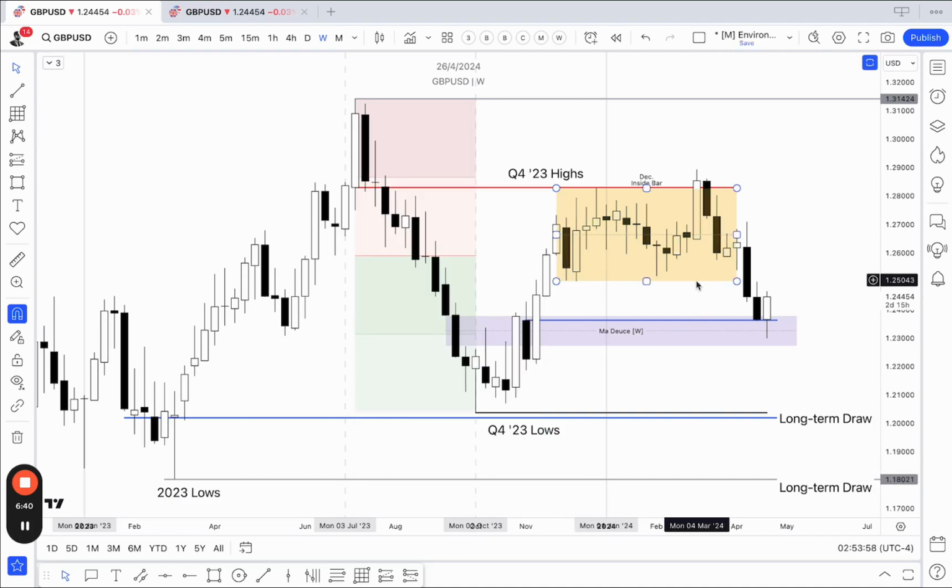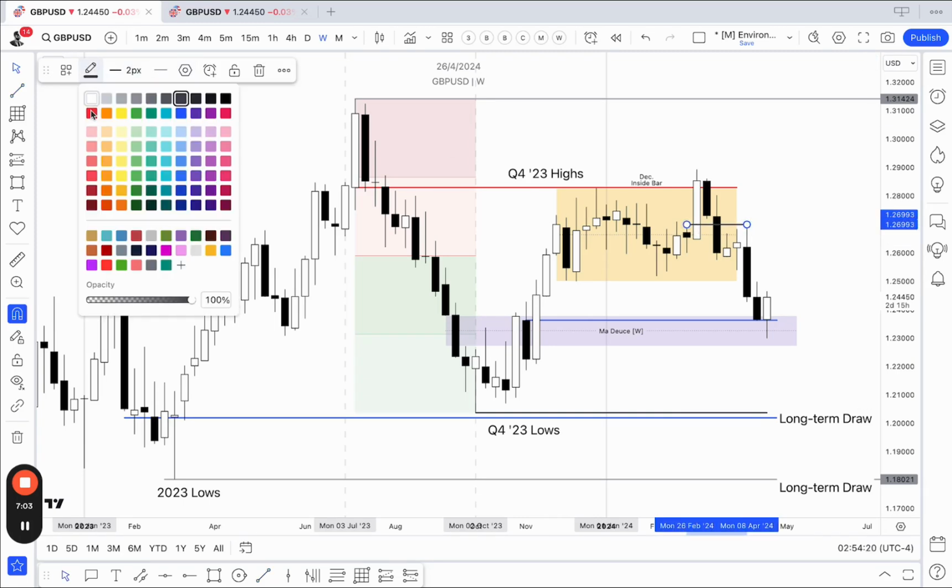Okay, so we can say that we're pretty much in a premium, reacted from the extreme portion here, took out Q4 2023 highs, and then you see this order block being printed after the turtle soup, and then you see a balanced price range within that order block.